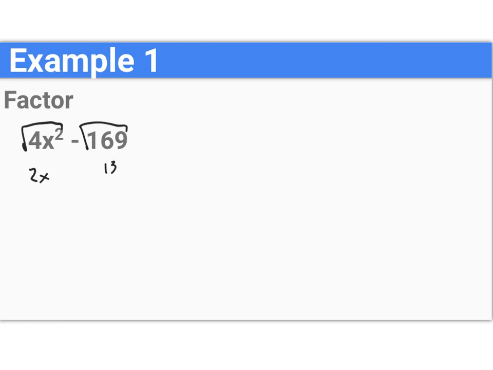And because this is a difference of squares, which I went over in factoring trinomial special cases, I get 2x plus 13 and then 2x minus 13. So that is our first example.